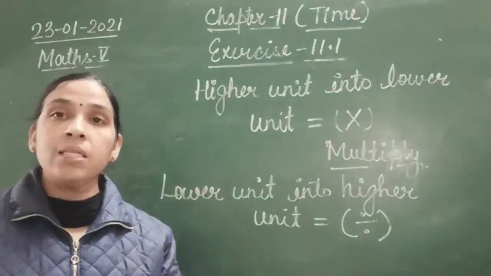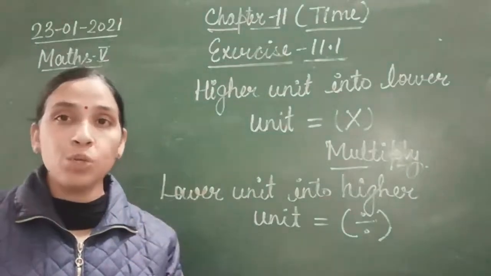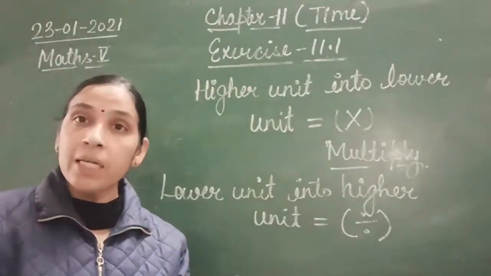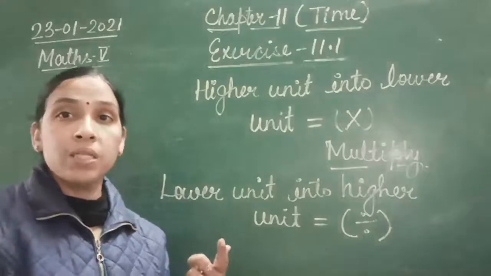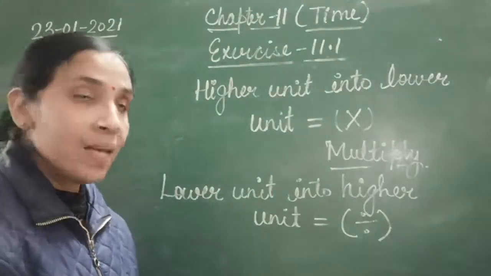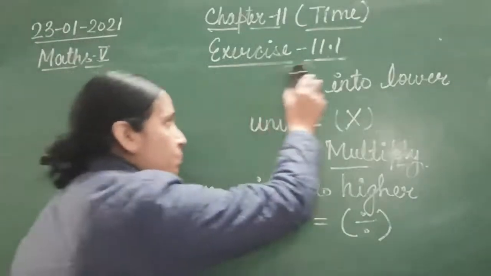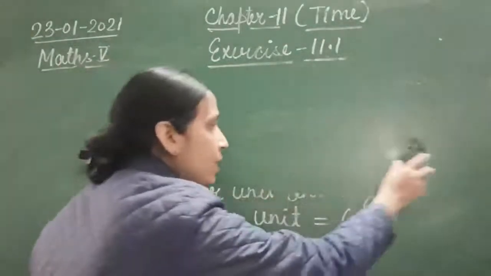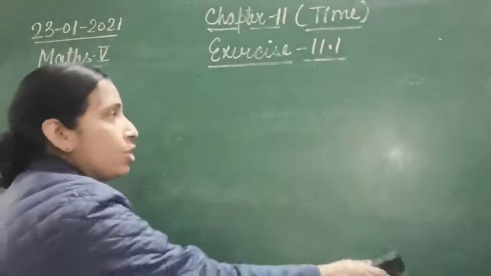Hours is supposed to change into minutes, and the part which is already in minutes you are not going to change. That will remain over there. So let's see higher unit into lower unit.